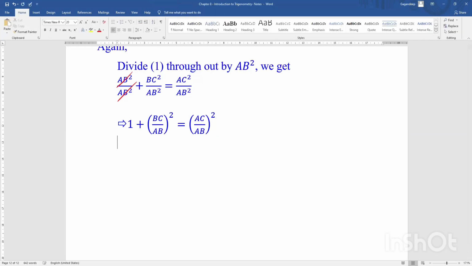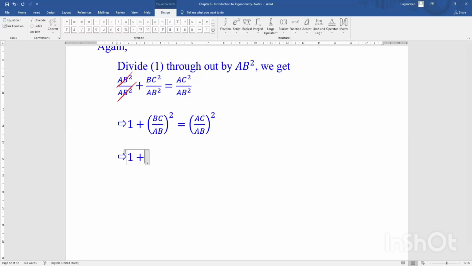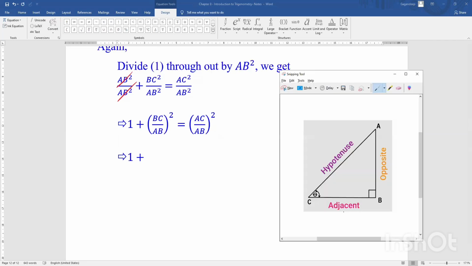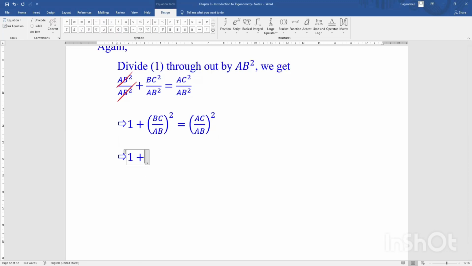Next part, I'm going to write it as 1 plus, what is BC? BC is nothing but adjacent. And what is the AB value? AB is nothing but opposite, right? We can replace that.